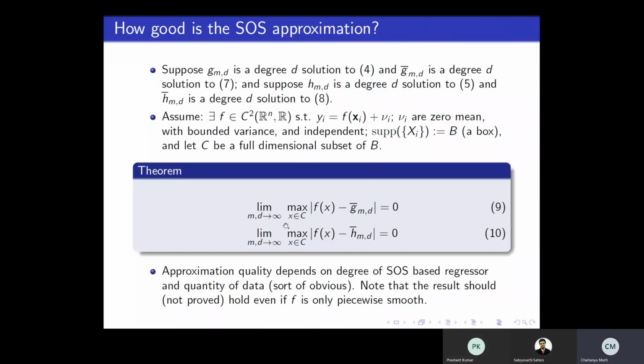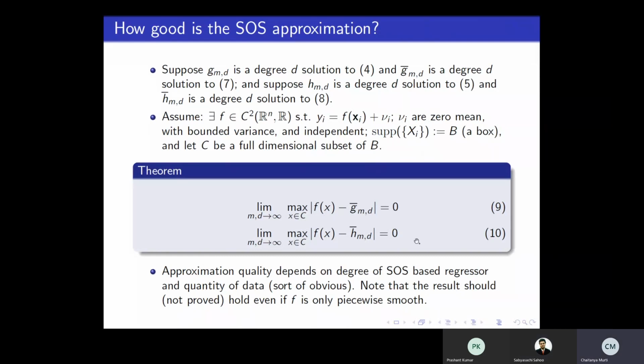Now, what they prove in the paper, which is also a very lengthy proof and relies on these complexity results, is that as the number of data points and the degree of your regressor polynomial go to infinity, the error goes to zero.